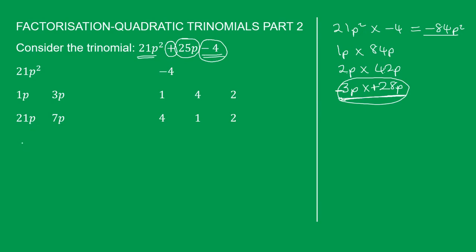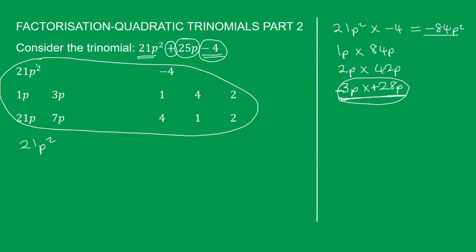So it becomes 21p squared, okay, just ignore this part. We used this in the previous method. 21p squared plus 25p minus 4. We replace 25p with what?